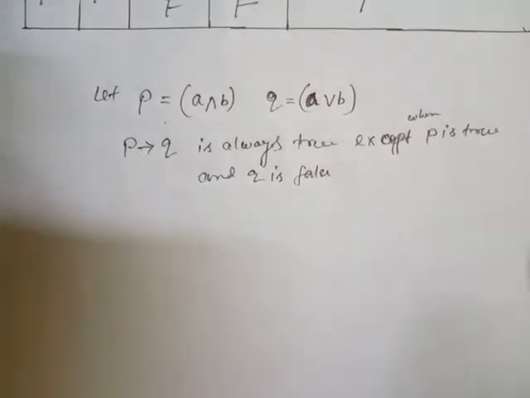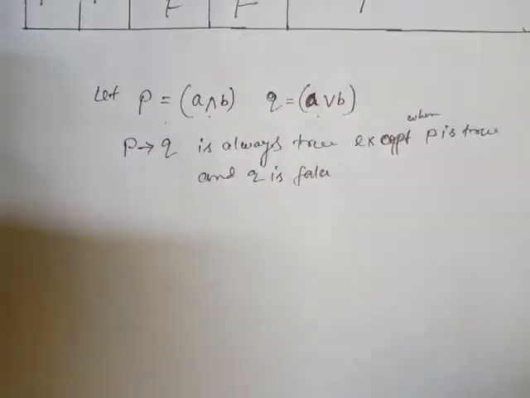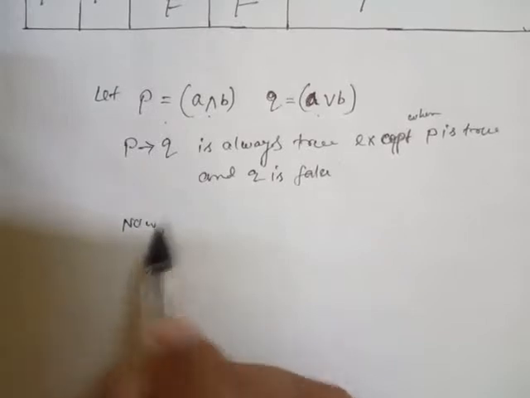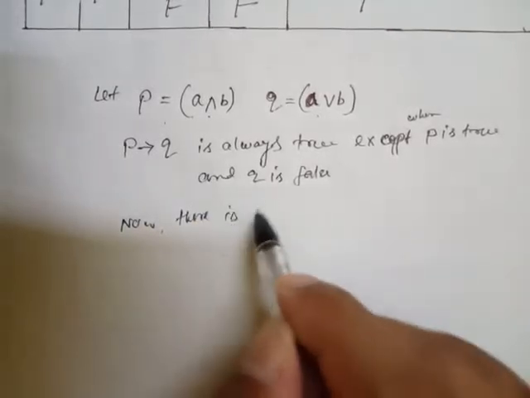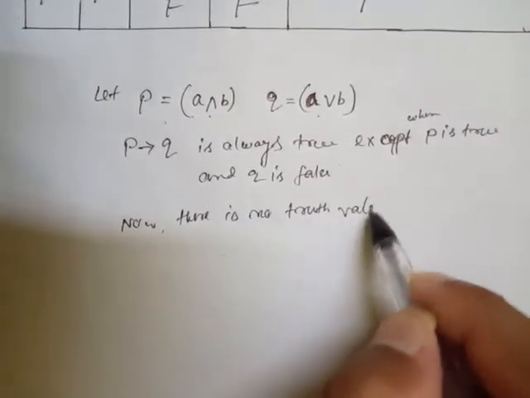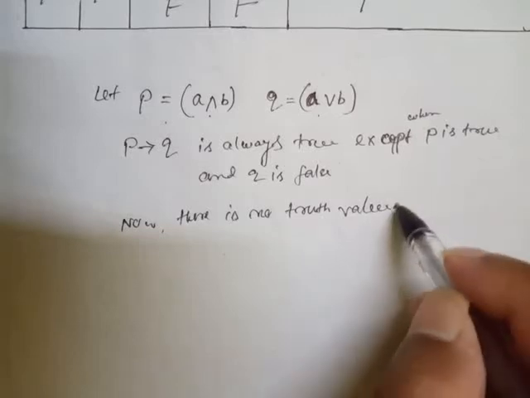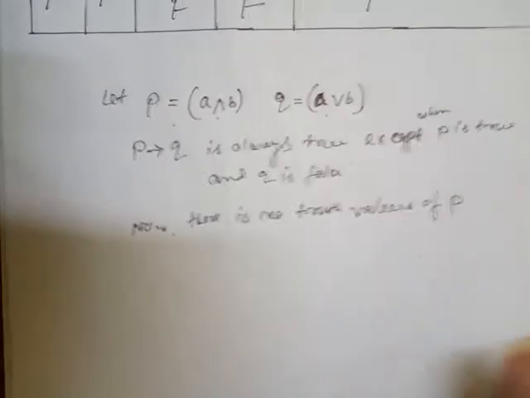Now look here, this and this as P and Q. Now here we can say that there is no truth value of P, that is P is A conjunction B, and Q, that is A disjunction B, where P is true and Q is false.